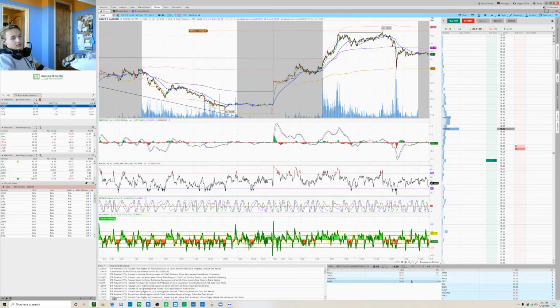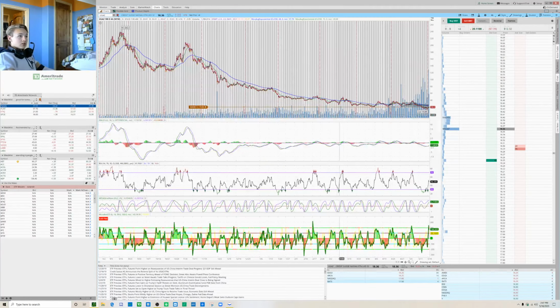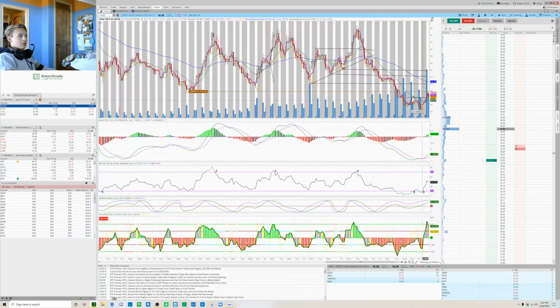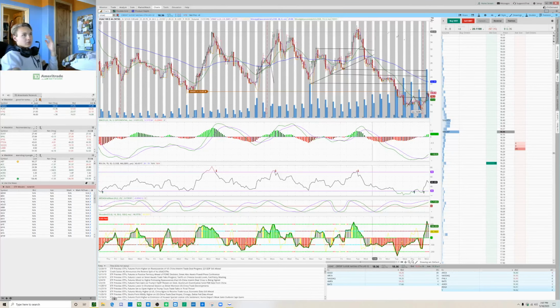Staircases are basically an ascending upward pattern that you can see. So look, this is a staircase. It went up, had a little bit of a pullback. Went up, had a little bit of a pullback. Went up, had a little bit of a pullback. So that's just how it is.